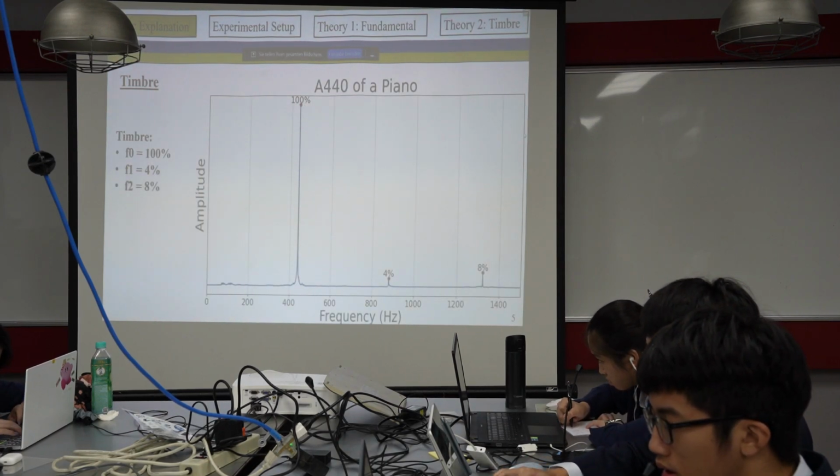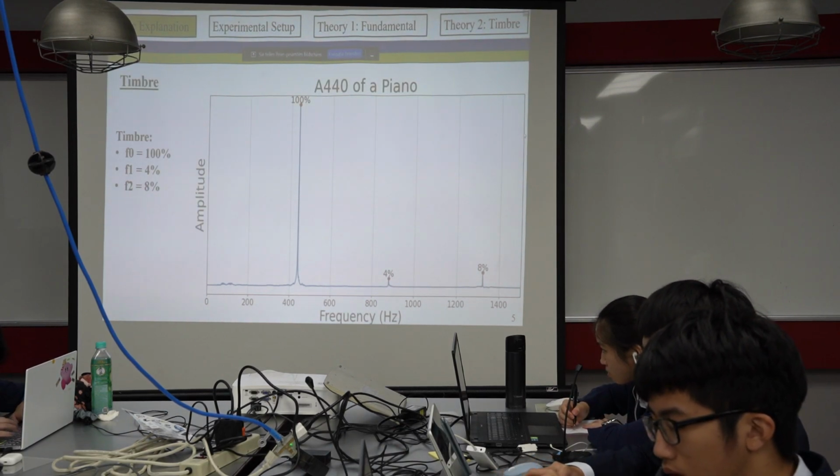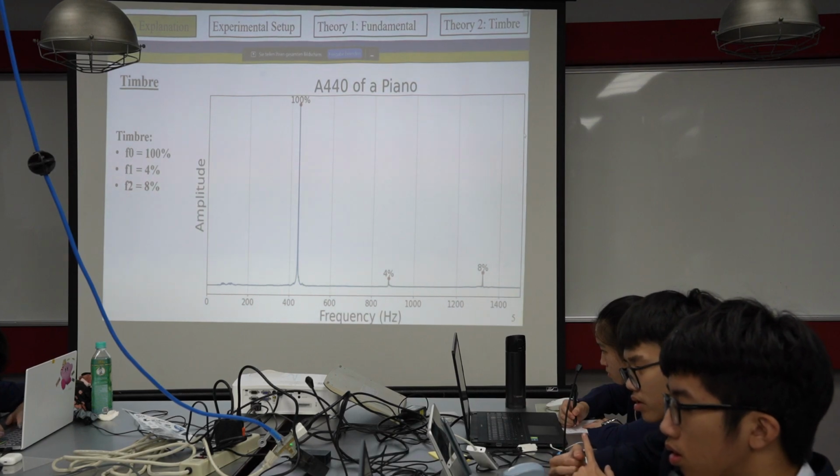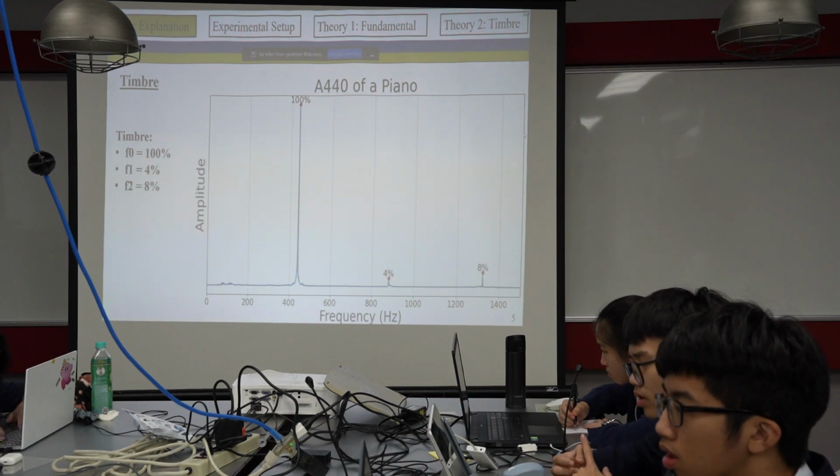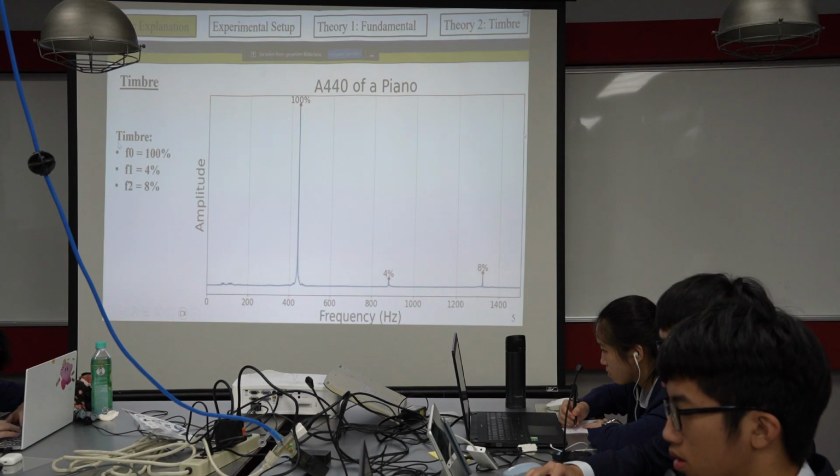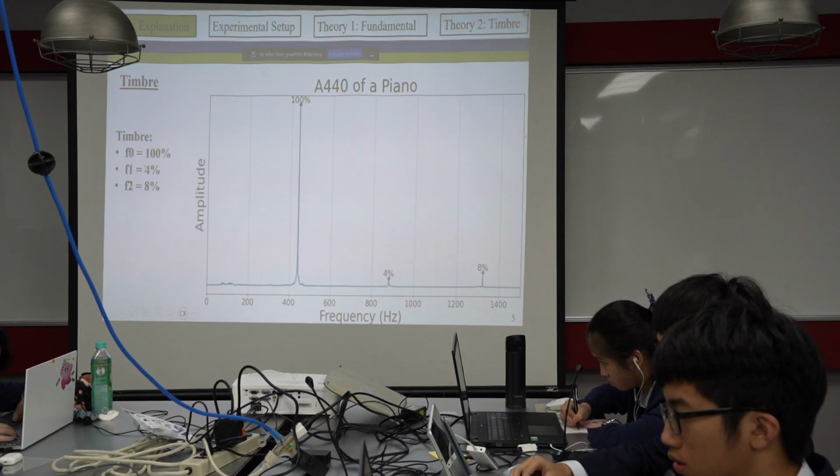The FFT then shows us the intensity of each harmonic, and the intensity of each mode in this case is measured relative to the intensity of the fundamental frequency. The resulting profile could, for example, look something like this, and is commonly referred to as the timbre of a tone.